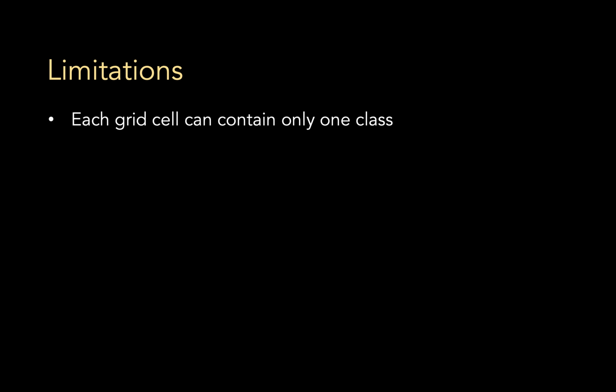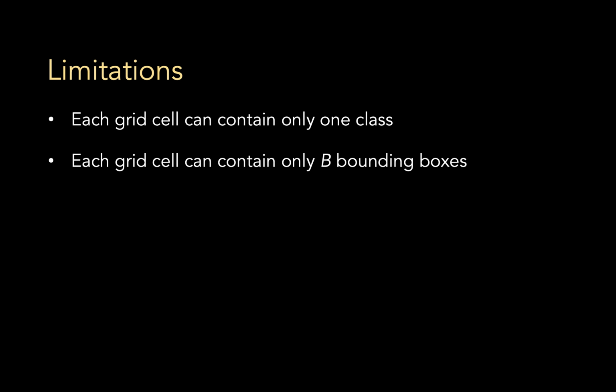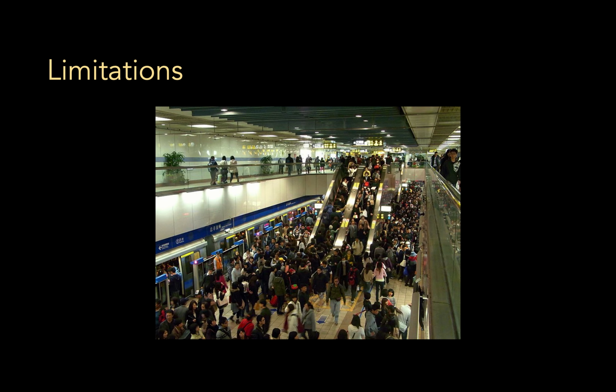So if, say, one dog and one bicycle appear in the same grid cell, then this presents a problem. Moreover, each grid cell contains a finite, specified number of bounding boxes. So if very many objects appear in one grid cell, then this also presents a problem. One example is busy urban environments where there might be multiple people in each grid cell.